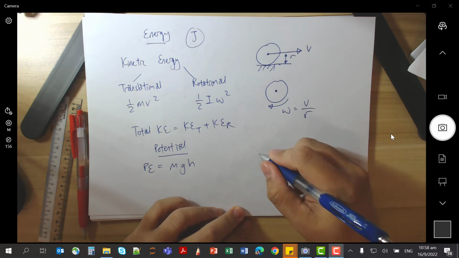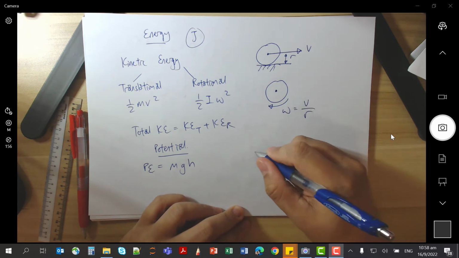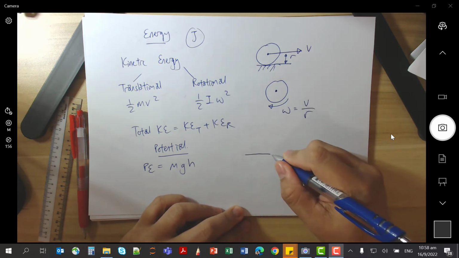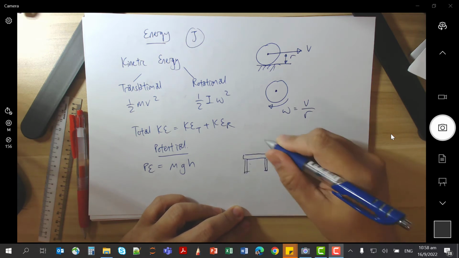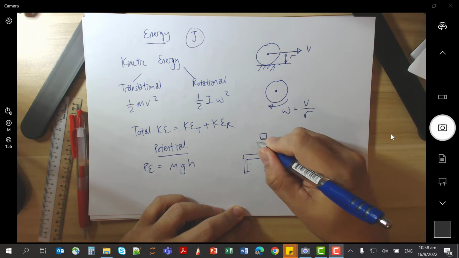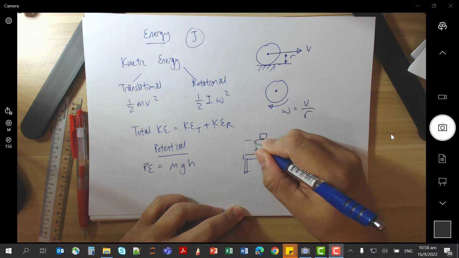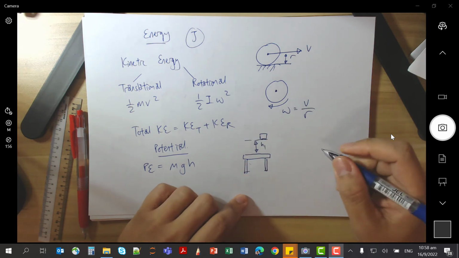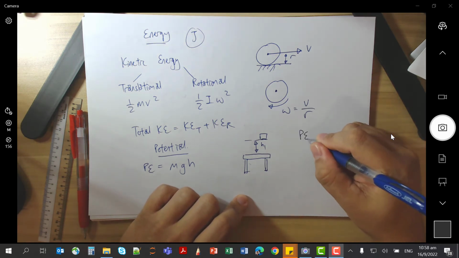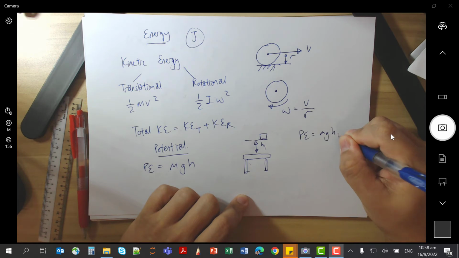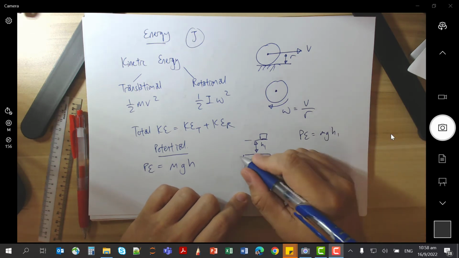Okay, let's take an example. If you have a table, and you hang the object at a certain distance away from the table, h1, you can say that the potential energy is mgh1 with respect to the table.